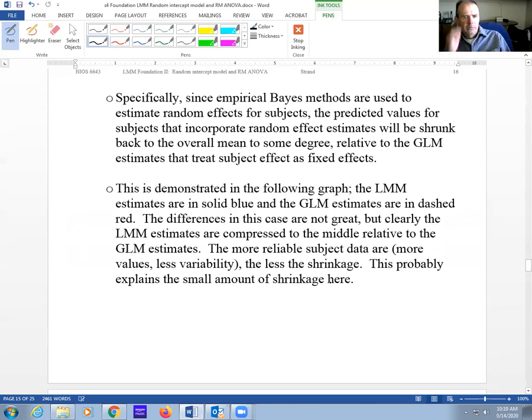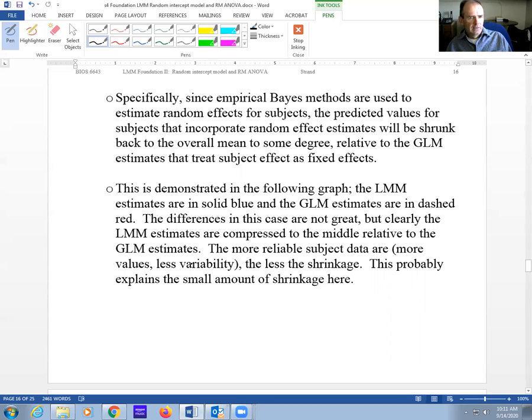You guys probably talked about this in 6612, but the methods that you use for inference for the random effects are actually Bayes methods. What Bayes methods do is take a weighted average of subject-specific information and population average information to get predicted values.